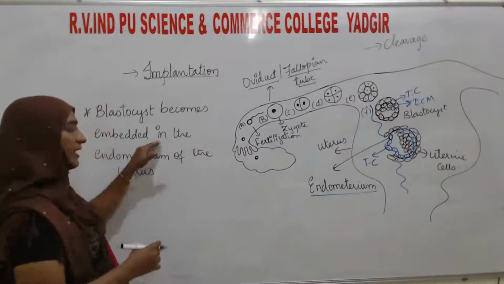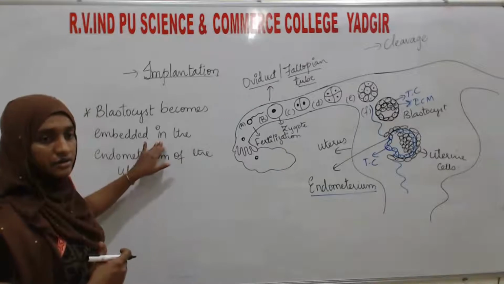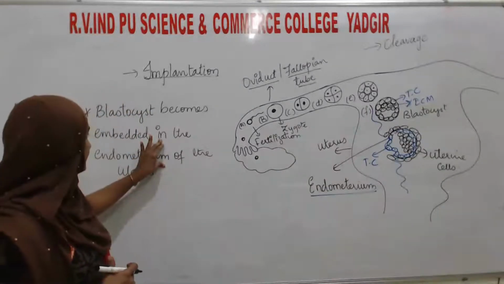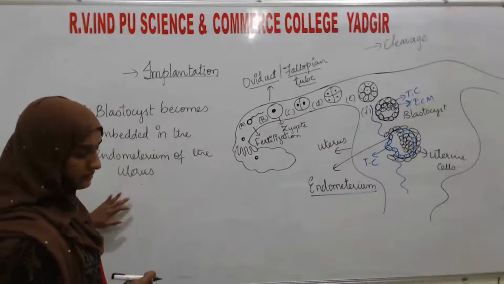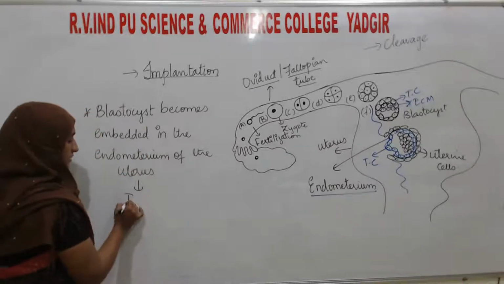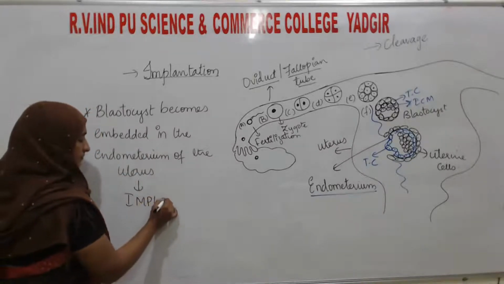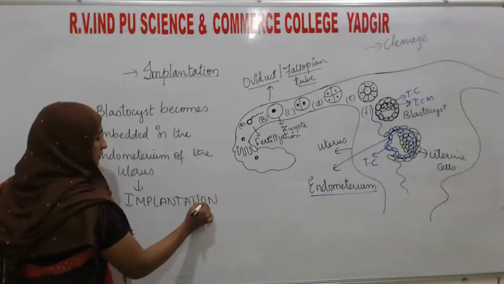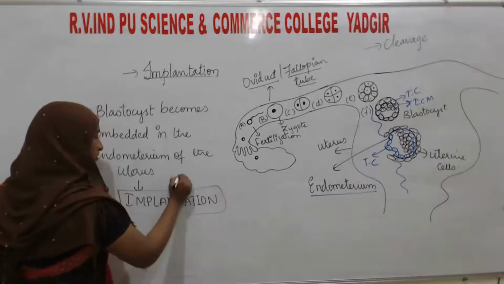This process of embedding or attachment of the blastocyst in the endometrium of the uterus is known as implantation. This can take up to 1 month.